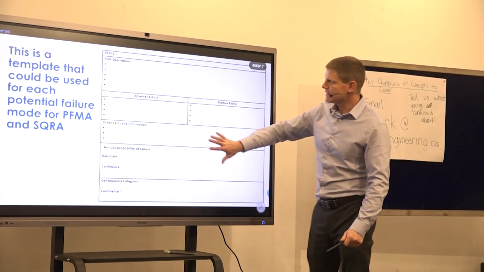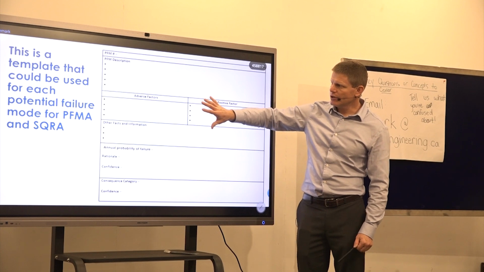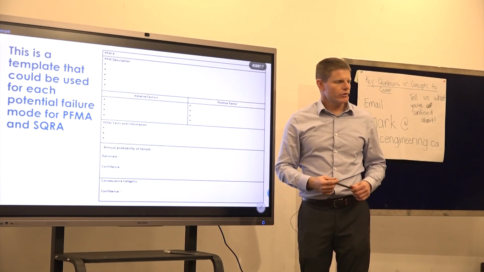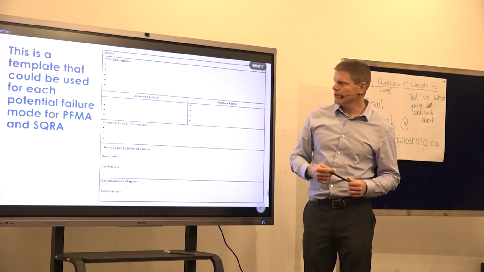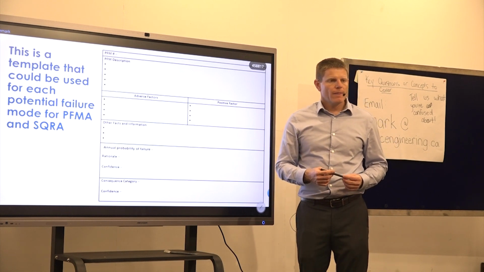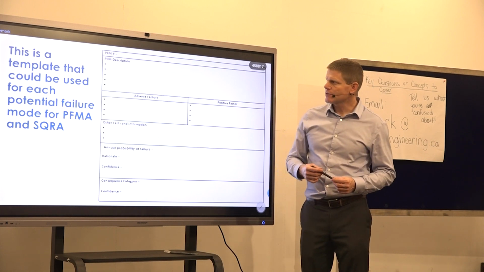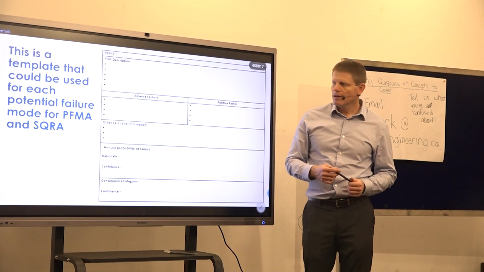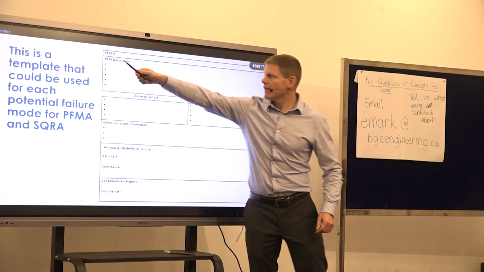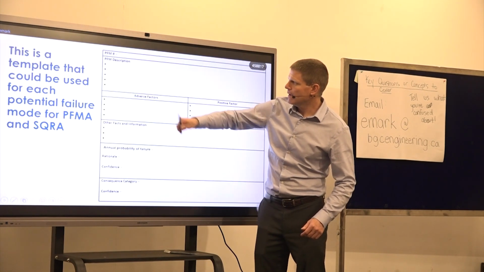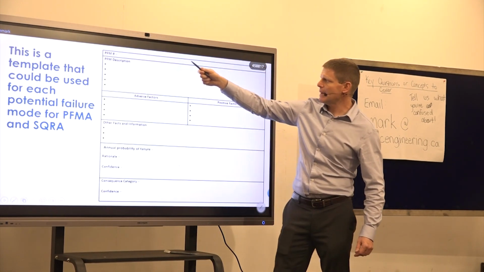And then I'll leave you with this. This is the template that you can use to do this whole process that I presented this afternoon. So you'll find this in the materials that we've shared with you. This comes from the organization in the United States who manages dam safety. They use this template. So they list the potential failure mode at the top, the number and name of the failure mode.